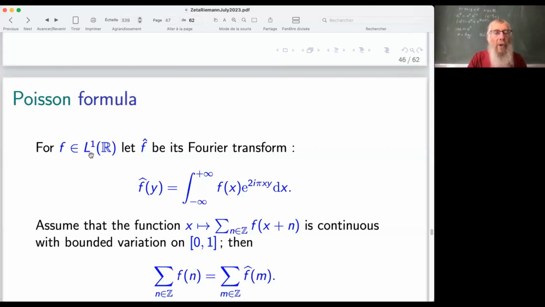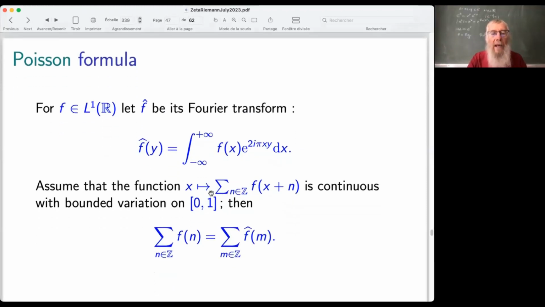If you have a function which is integrable on R, and its Fourier transform, which is f hat of y, the integral of f of x exponential 2i pi xy dx, if the function x gives the sum of f of x plus n is continuous with bounded variation, then you have the sum of f of n, which is the same as the sum of f hat of m.